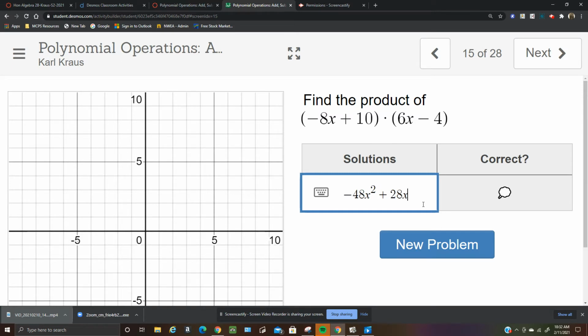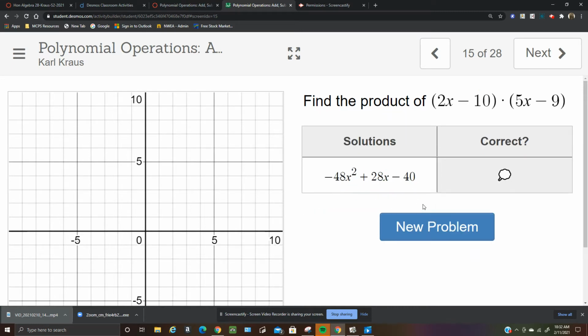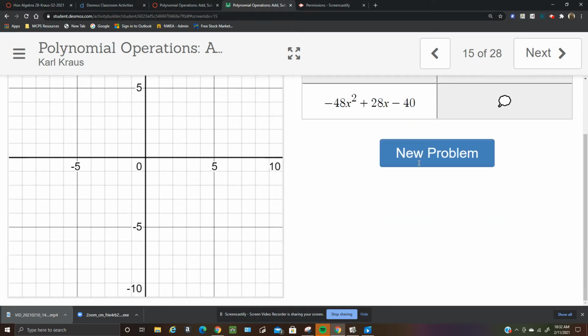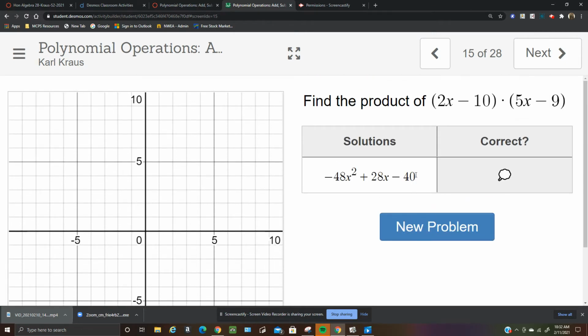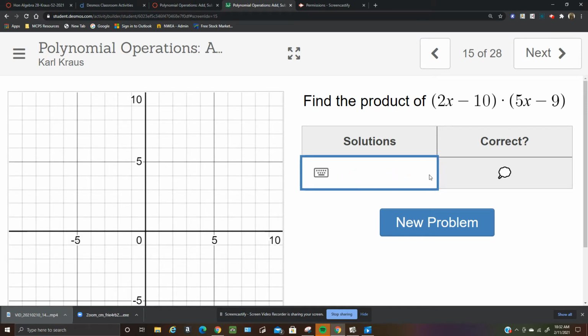And then minus 40. Maybe I did something wrong there. Whoop. New problem came up, so let's try this one.